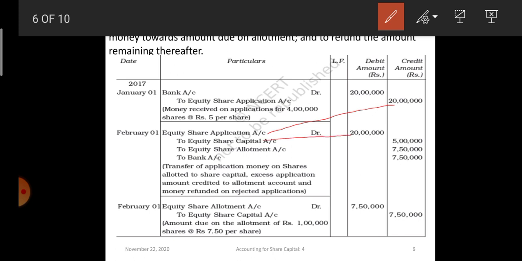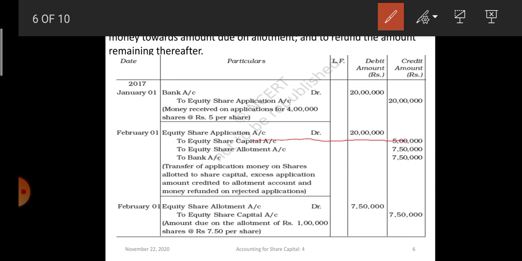Then equity share capital, at the rate of rupees 5 on 1 lakh shares, 1 lakh into 5, it is 5 lakh rupees. So out of that 20 lakh rupees, 5 lakh will be credited to equity share capital account. Now there is excess application money of 15 lakh rupees that has to be adjusted.